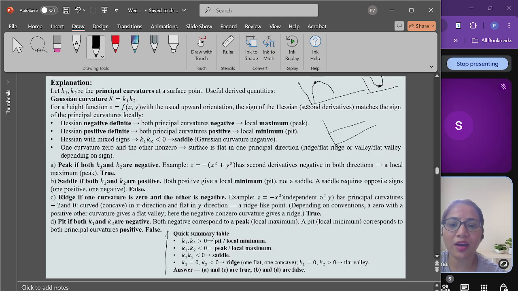If K1 and K2 are both positive, you will get a local minima, that is a pit. If both are negative, we will get a local maximum, that is a peak. If one is positive and one is zero, you will get a flat value, or a saddle point if signs are opposite. So options A and C are true, while options B and D are false.